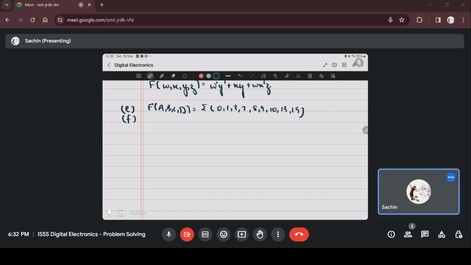Part F, f of Wxyz is equal to summation 0, 1, 2, 4, 5, 6, 7, 10, 15.